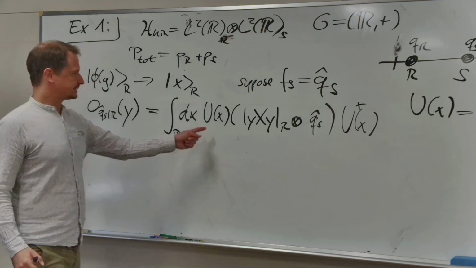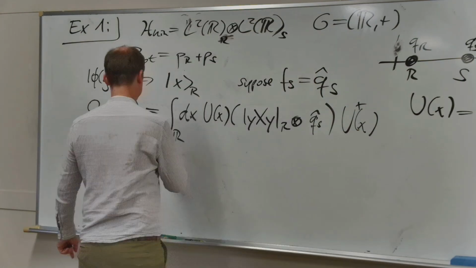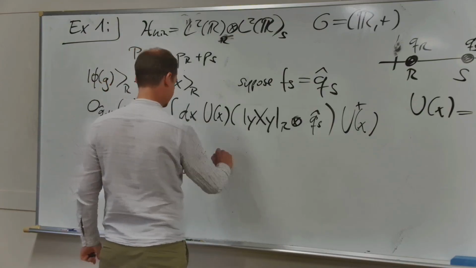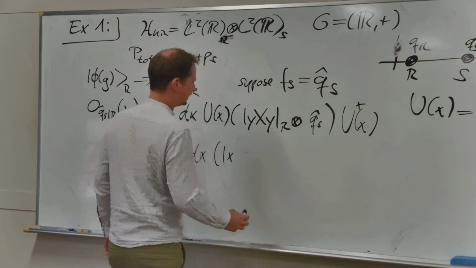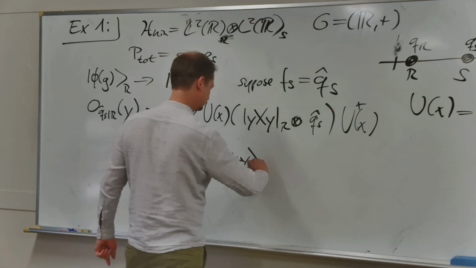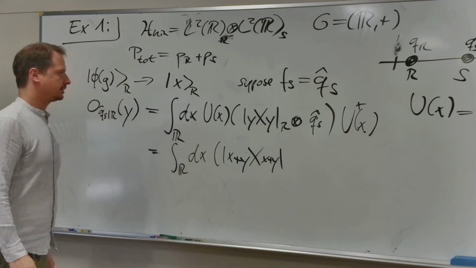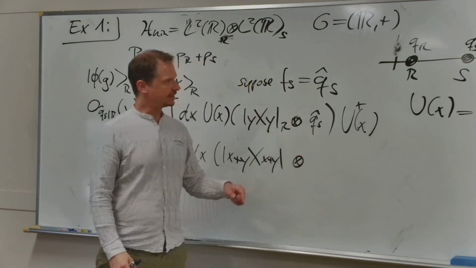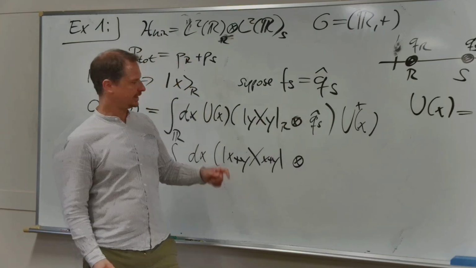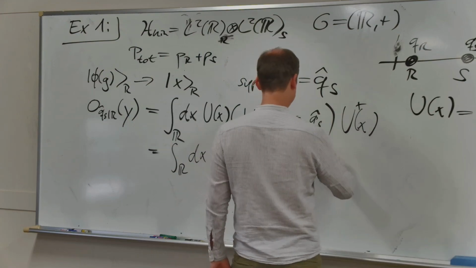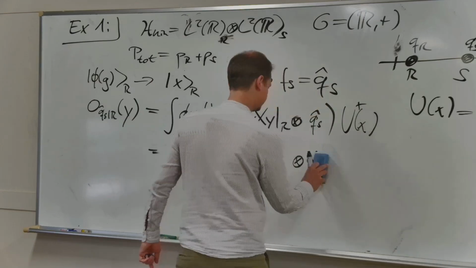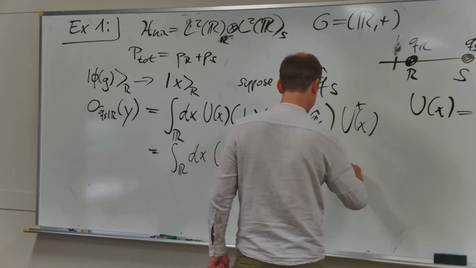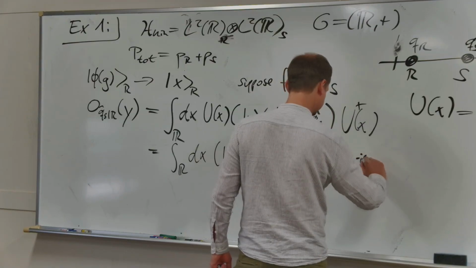So I can factorize this here, of course. This gives me x plus Y, or minus Y. And then I have a conjugation of QS with e to the i P S x.